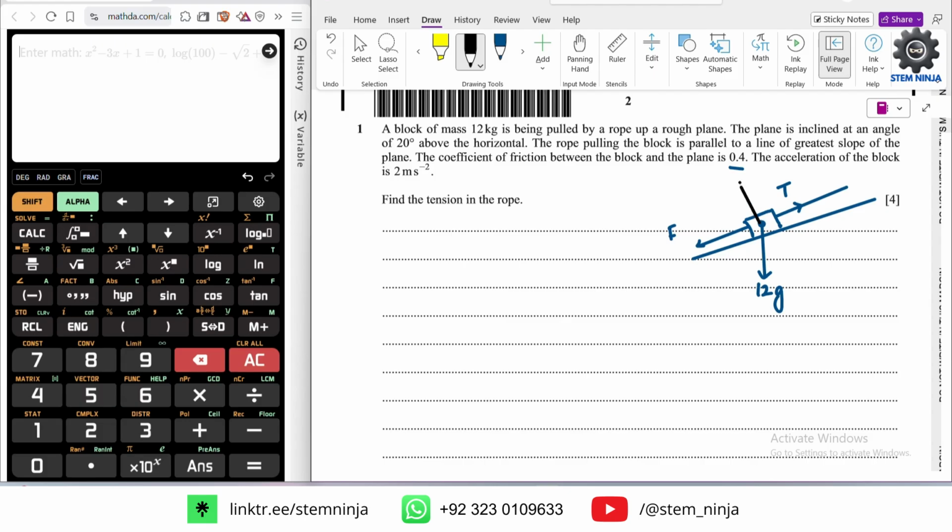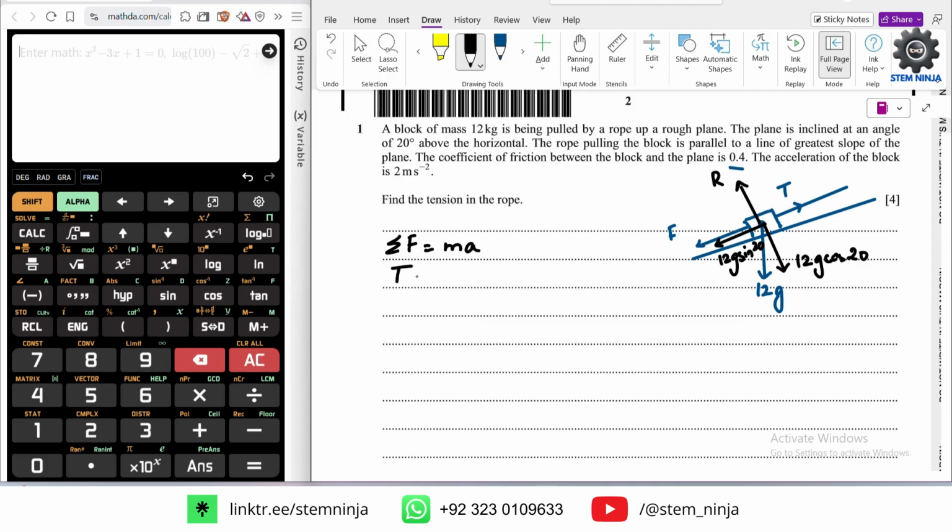So we have a reaction force over here, R. The component of the weight perpendicular to the slope is 12g cos 20, and the component of the weight parallel to the plane is 12g sin 20. Okay, so now we need the sum of forces equals ma.